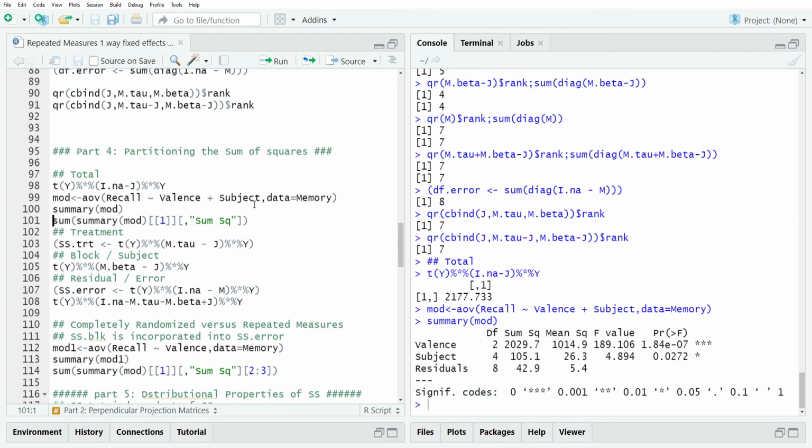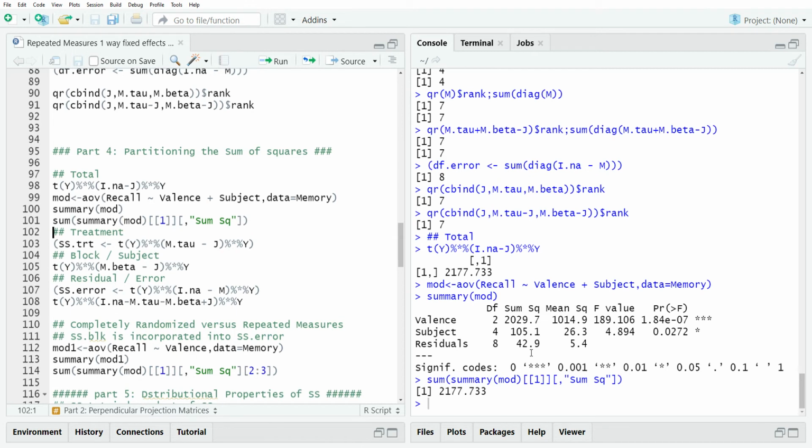I do that because I will look at the sum of squares for each of those. Now this 2177 is the total. So if we add the sums of squares for the valence, the subject, and the residuals, it should be 2177. That's what this next step does, and it is.